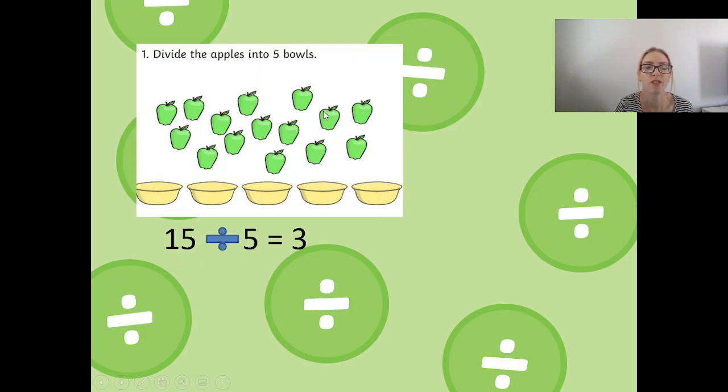So I know that I had 15 apples and I'm sharing them amongst 5 bowls, and I worked out that there was 3 per bowl. You might want to cross it out and draw it in. Whatever strategy works for you to help you work out this sum, you are welcome to do. But the key is that each group needs to have equal amounts. Exactly, well done. All right, boys and girls, hop off now and go on to Dojo and complete your activity.